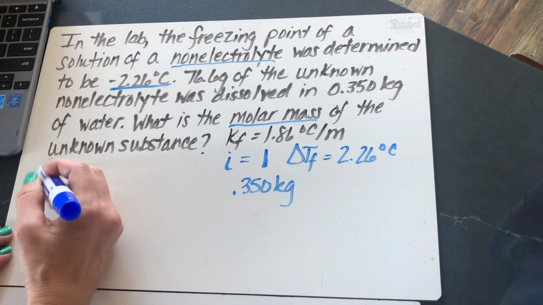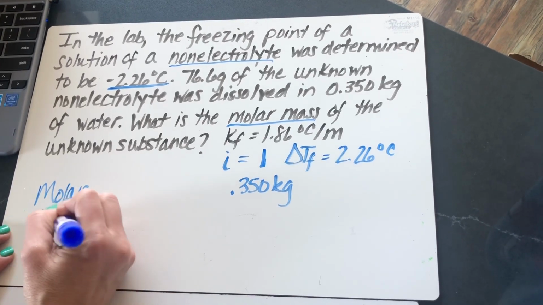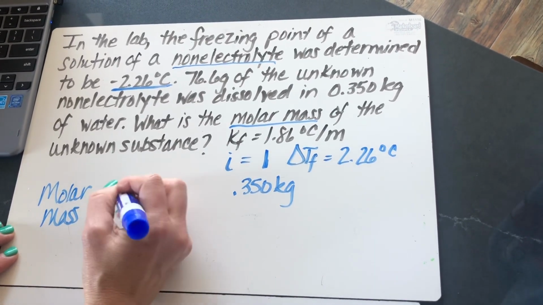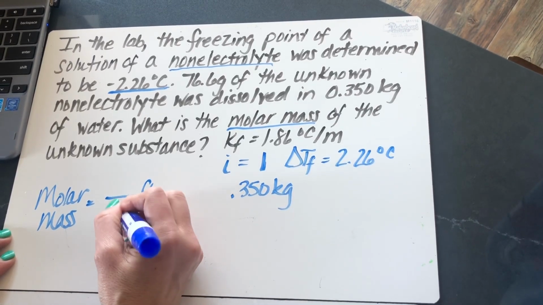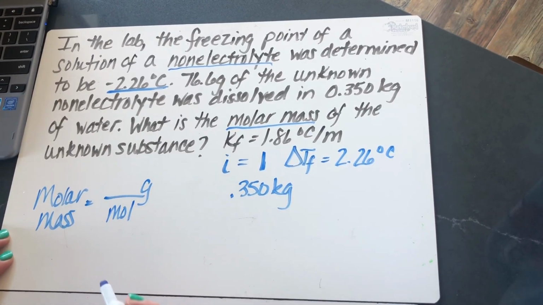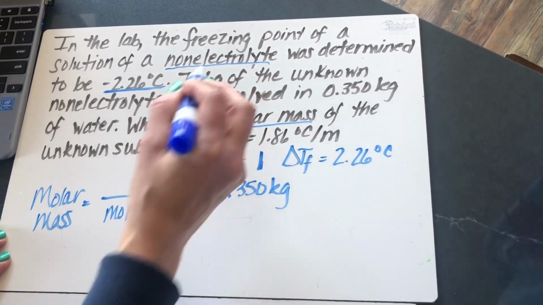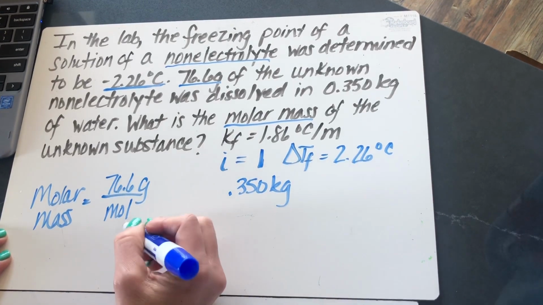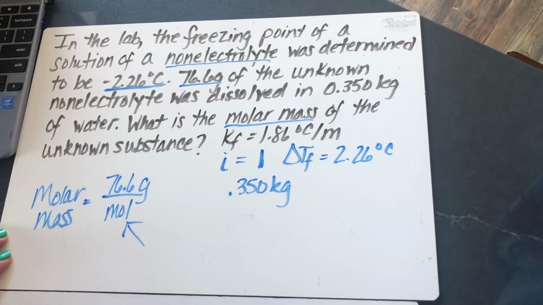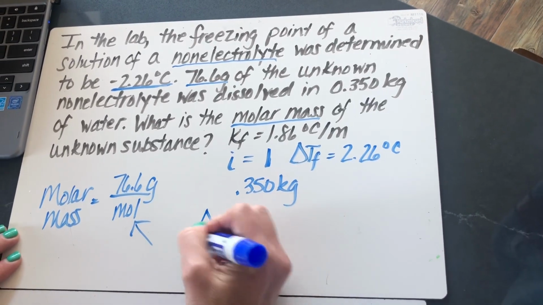It is so important that you remember molar mass is how many grams you have per moles of substance. In this problem, we know how many grams we have. We have 76.6 grams of our unknown substance. What we need to find then is our moles. To find that, we're going to use our equation.